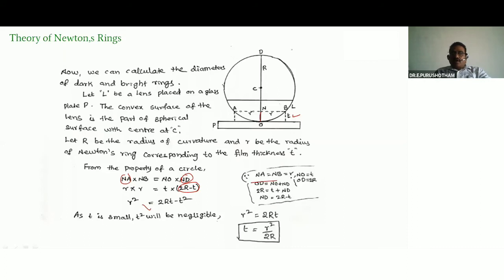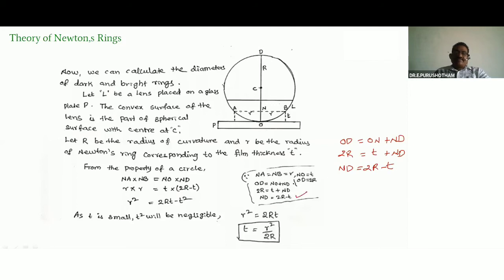How can we get this? Take the total OD, which is OC plus CD, that is R plus R, so 2R. OD is equal to ON plus ND, so 2R equals t plus ND. From this relation, ND is equal to 2R minus t.